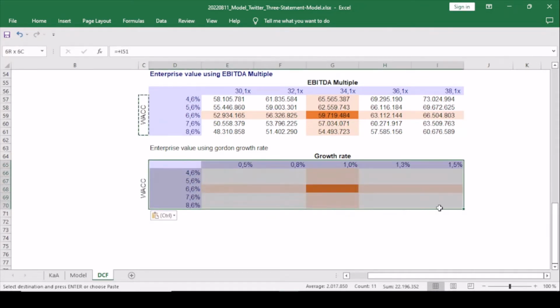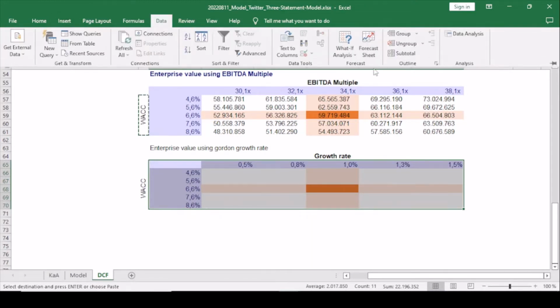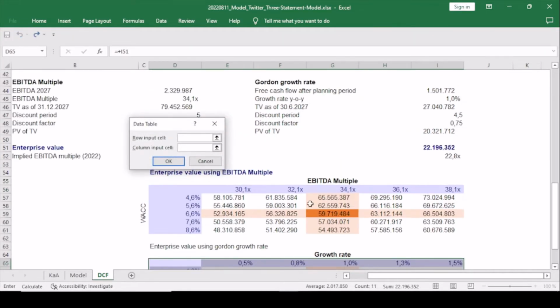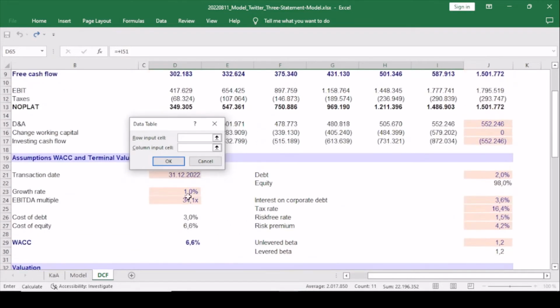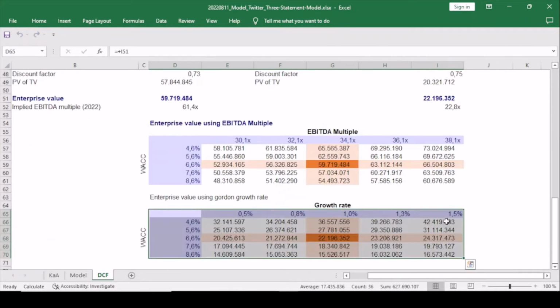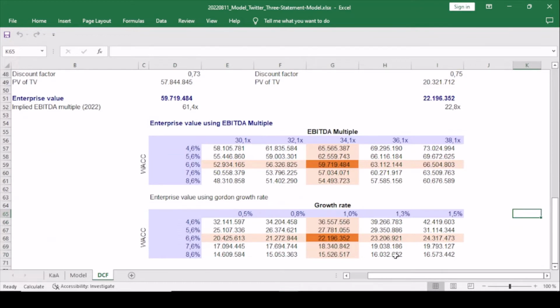And finally, we calculate the data table for the growth rate. Again, the row input is the growth rate and the column input is WACC. And as you can see, the same as for the EBITDA multiple applies for the growth rate.